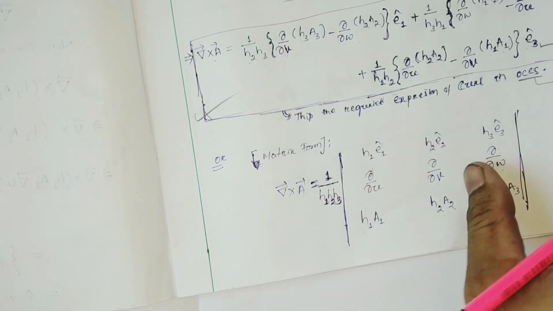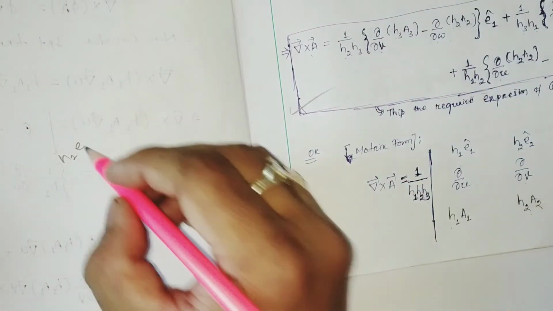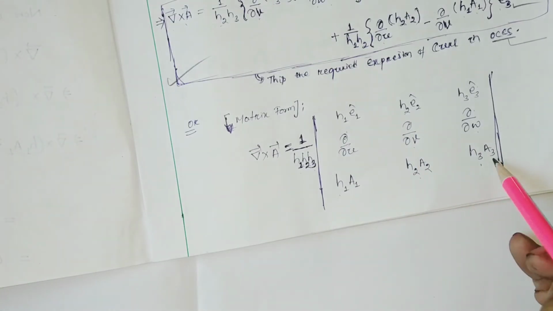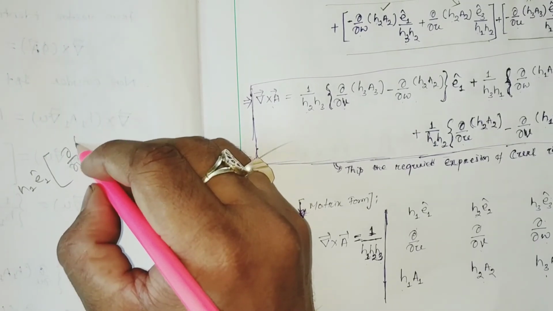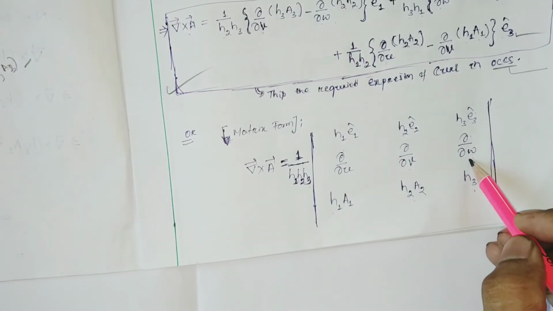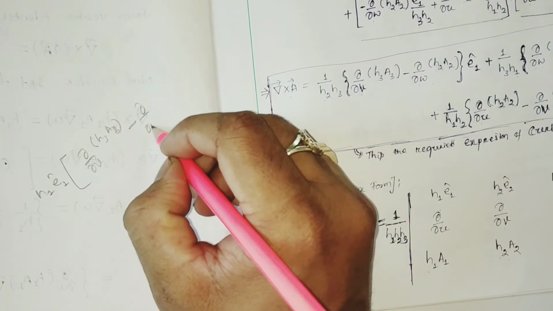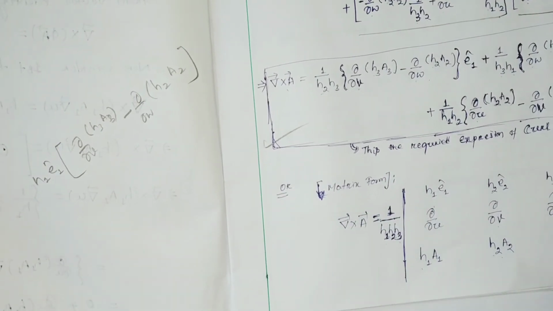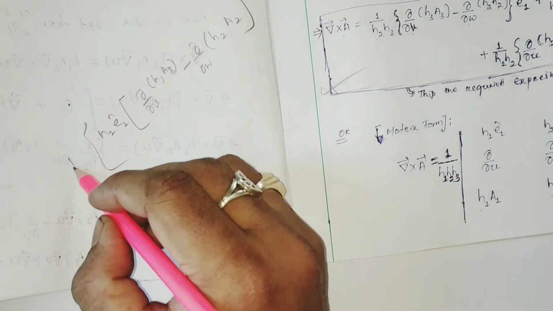H1 E1 cap into del by del V of H3 A3 minus del by del W of H2 A2. And outside, your 1 by H1 H2 H3 is there.